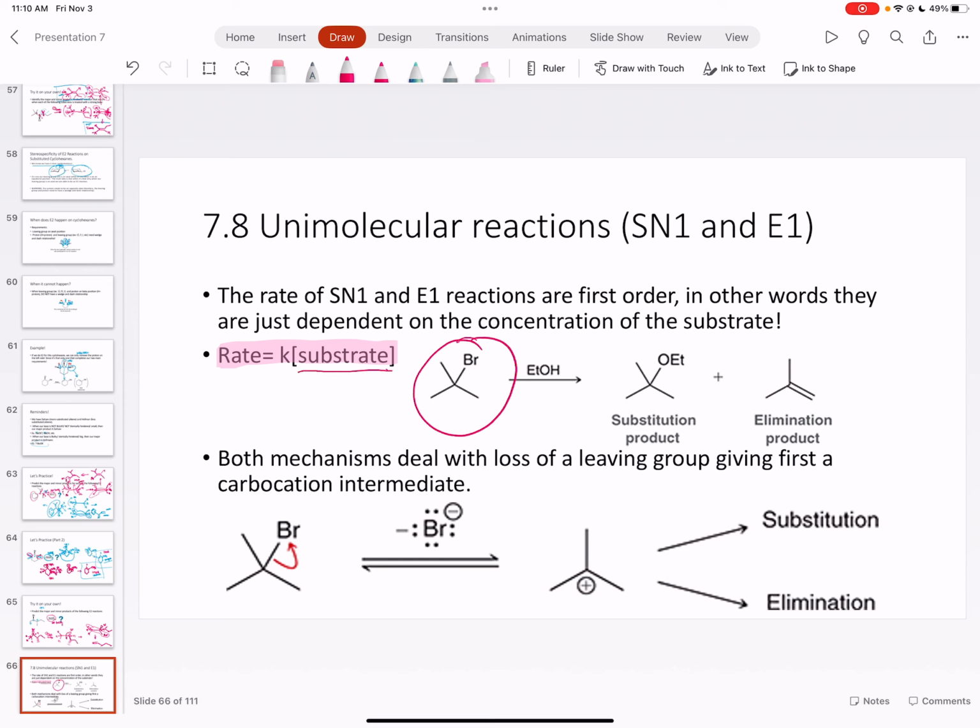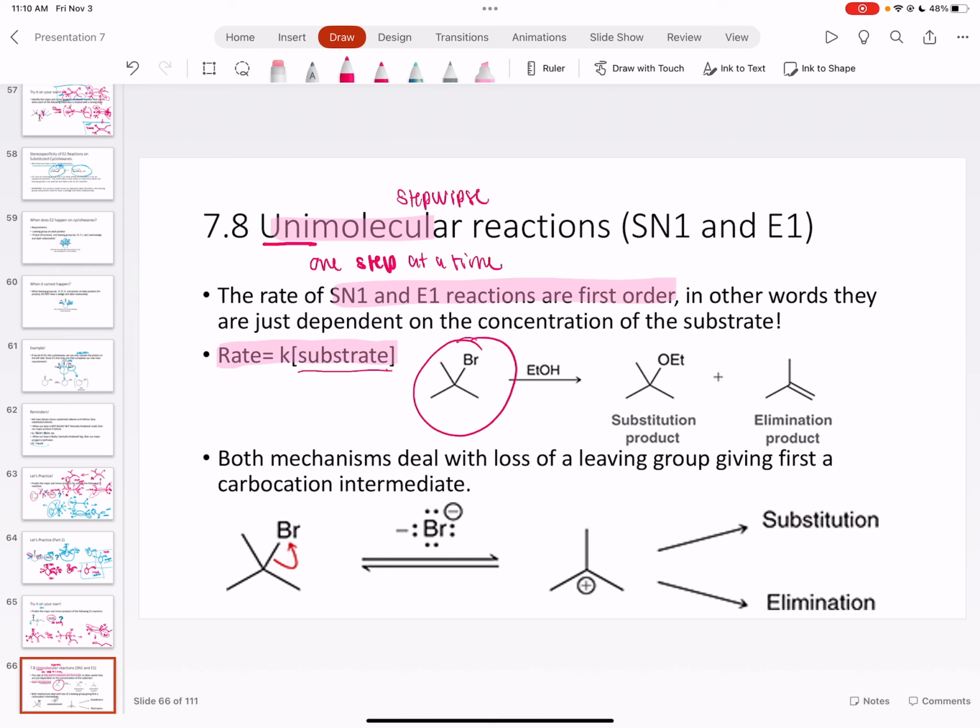So both mechanisms deal with a loss of leaving group, giving first a carbocation intermediate. What's interesting about unimolecular reactions is that they are first order, they're unimolecular, meaning that everything happens stepwise. When I say uni, one, it means one step at a time. So unimolecular reactions are mainly multi-step.